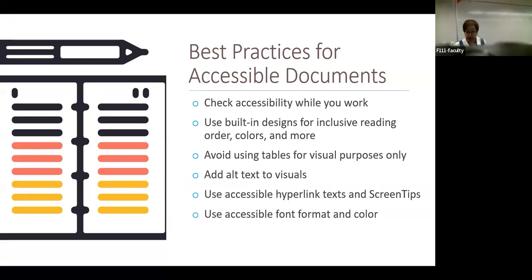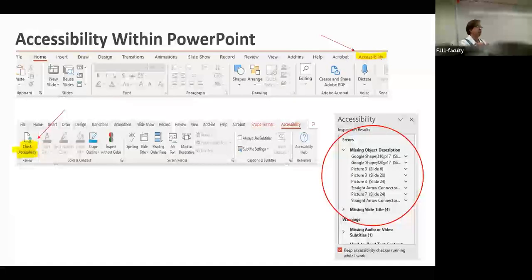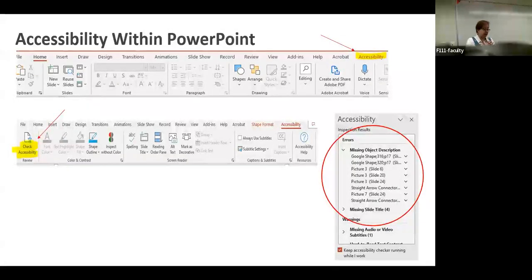And these tools that are built into things like PowerPoint and Word give you hints, give you ideas of what you might have gotten right or wrong, things that could do with being corrected.